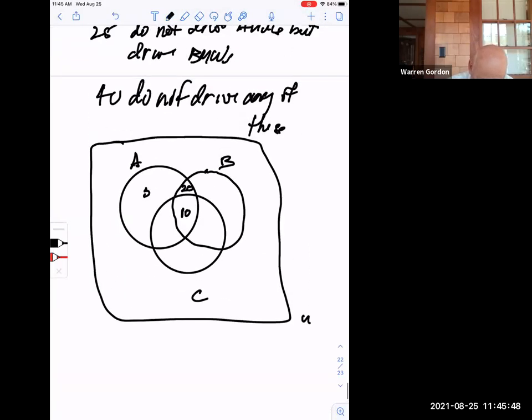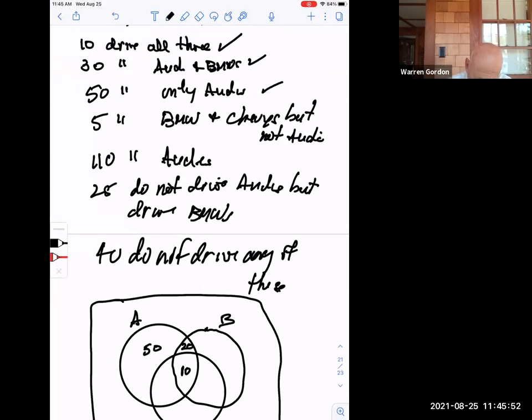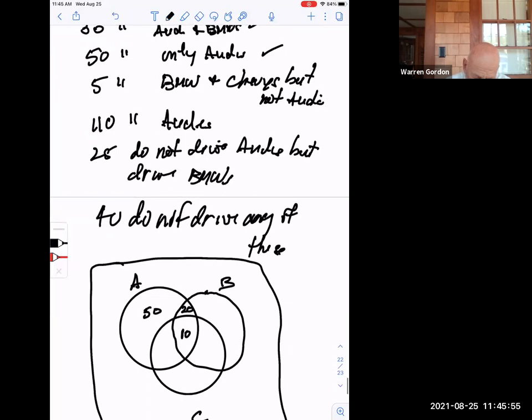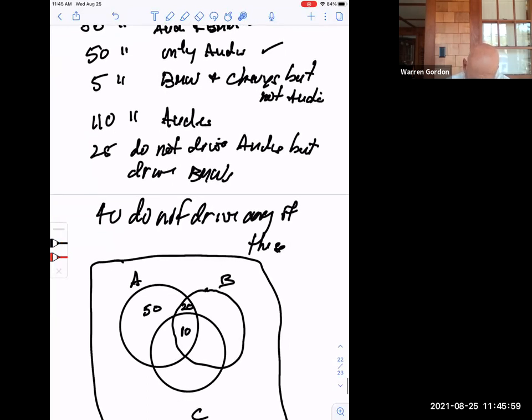So that makes this 50. Five drive BMWs and Chevrolets, but not Audis. Well, where would that be? Well, here are the people who drive BMWs and Chevrolets and not Audis. And I said that was 5. Okay.